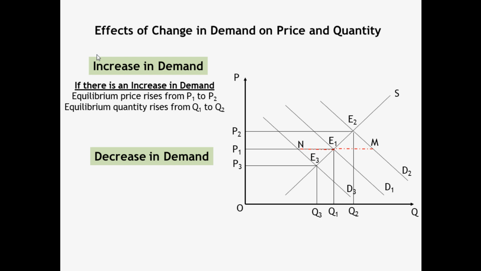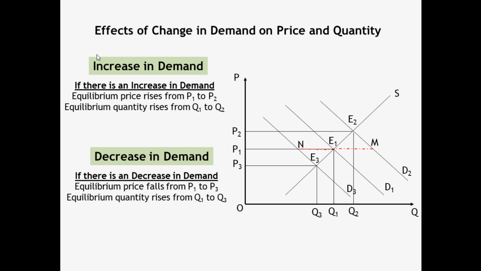Thus, if there is a decrease in demand, we move from E1 to E3. Price of the product falls from OP1 to OP3 and quantity falls from OQ1 to OQ3. Therefore, we can conclude that if there is a decrease in demand, both the equilibrium price and quantity fall.